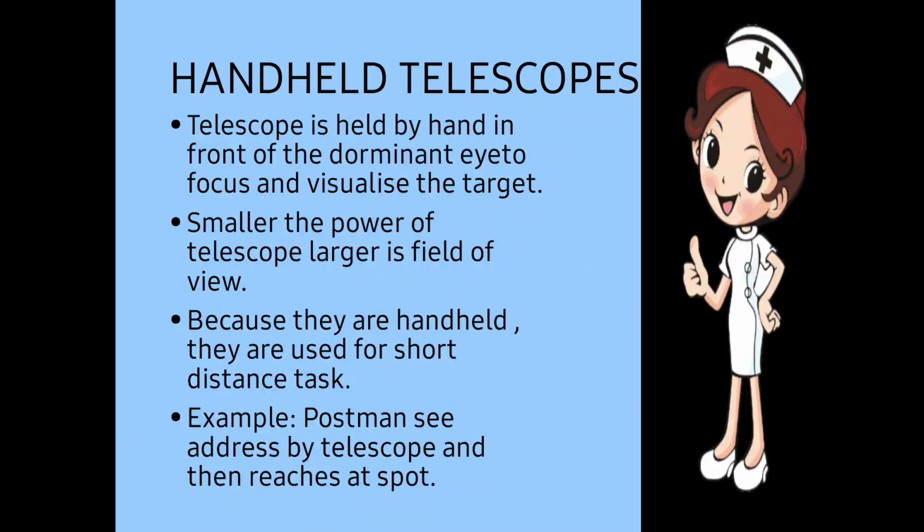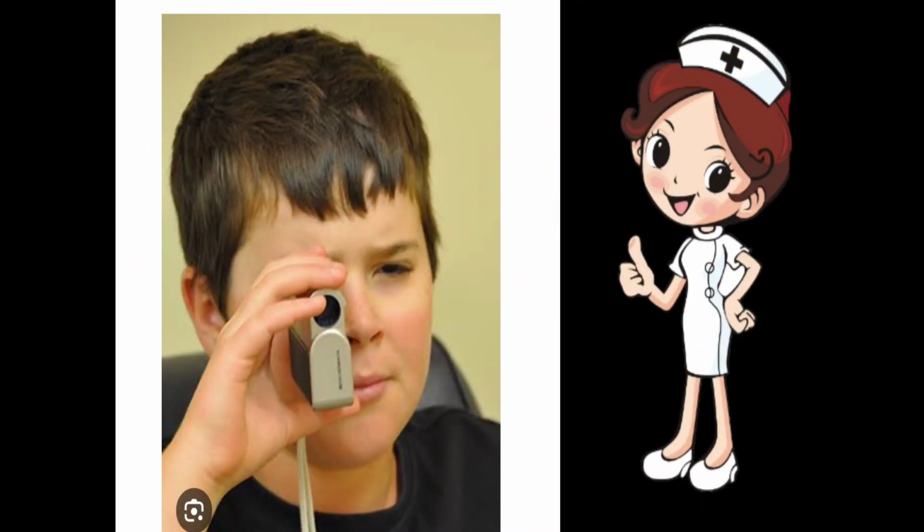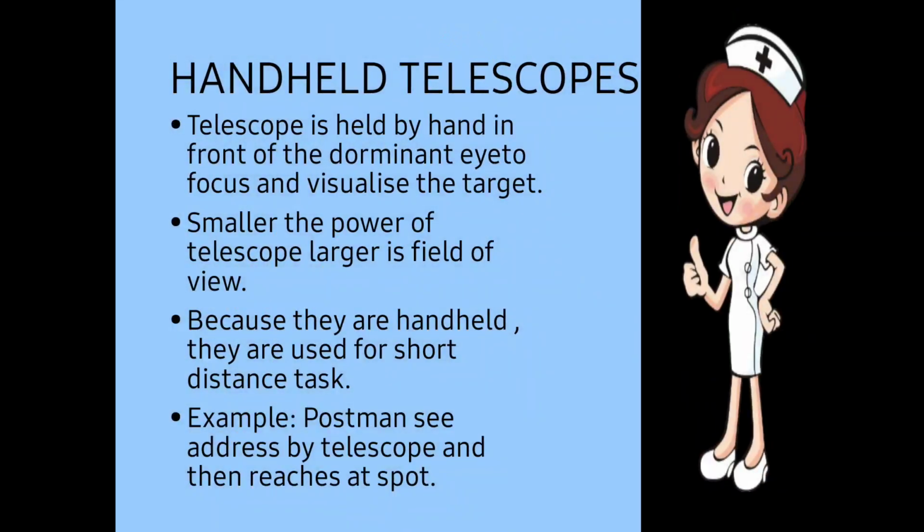So let's see, first one is the handheld telescope. The telescope is held by hand in front of the dominant eye to focus and visualize the target. You can see here the telescope is held in a hand by a person. It should always be held in front of the dominant eye.